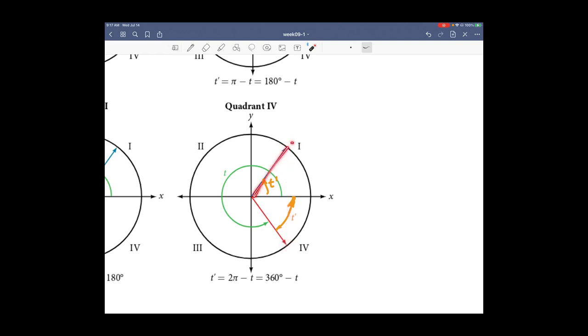The x-coordinates are the same, but the x-coordinate of this point is cosine t prime and the y-coordinate is sine t prime. Therefore, this time the cosines are equal. Cosine t equals cosine t prime, and sine t equals negative sine t prime.